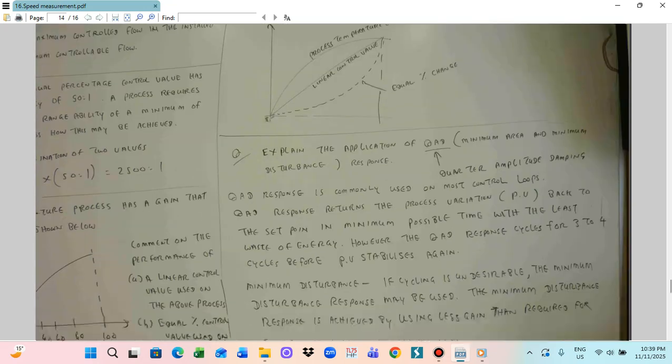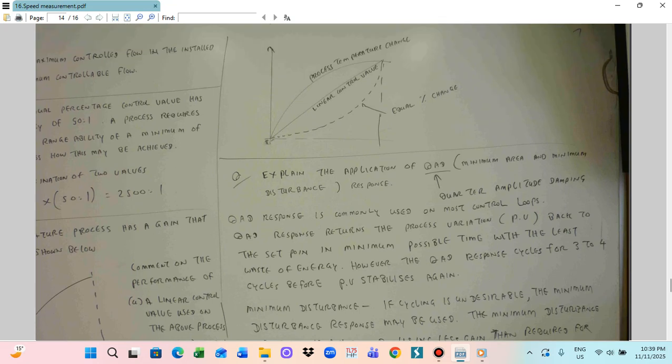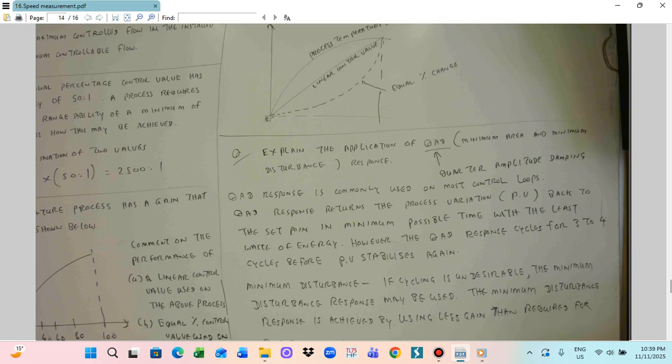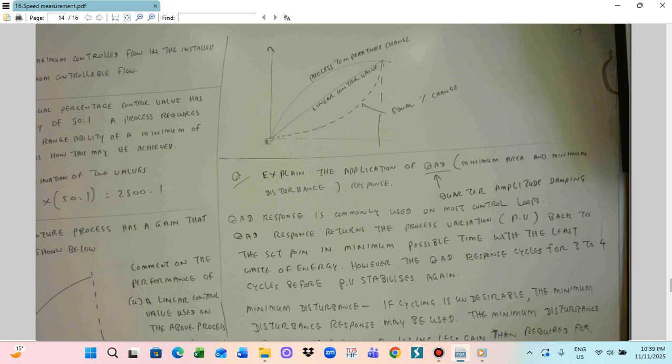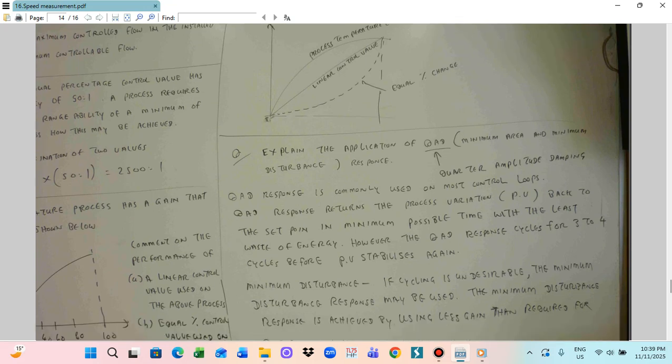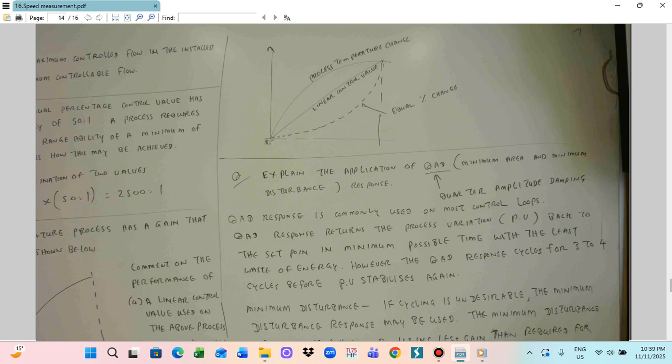But if you use a linear control valve, then we use the valve like this. This straight line represents a linear control valve, and it is for the process temperature change.